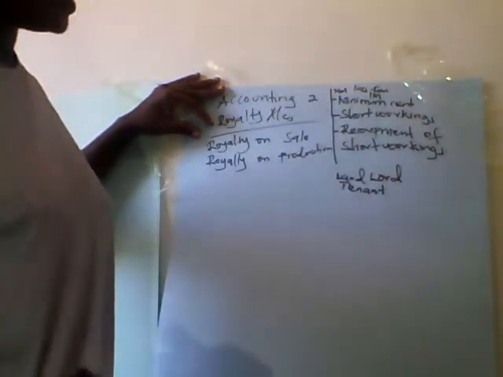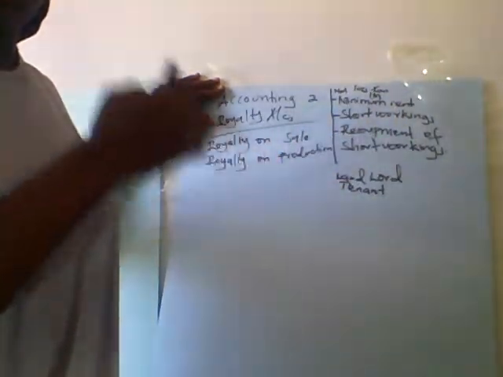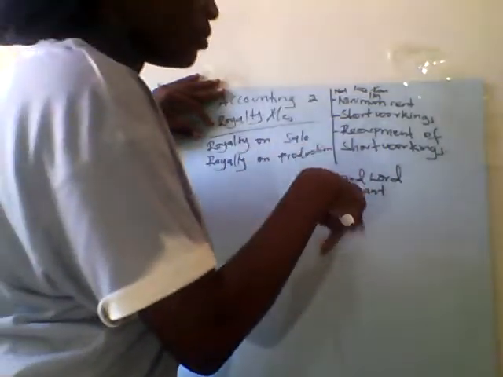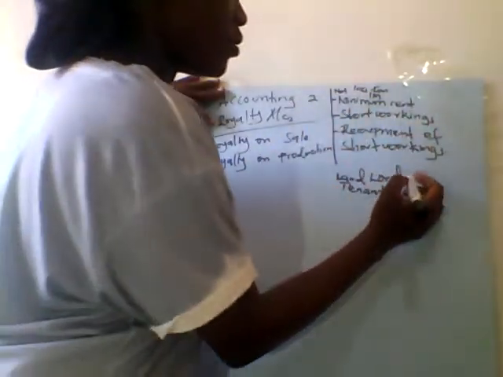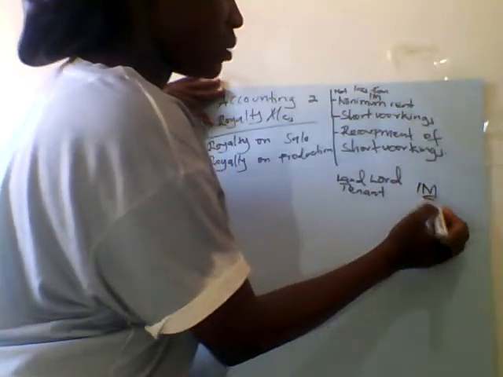So minimum rent is the minimum amount of money that you can give to the landlord. Here we set an example of 1M as the minimum rent.